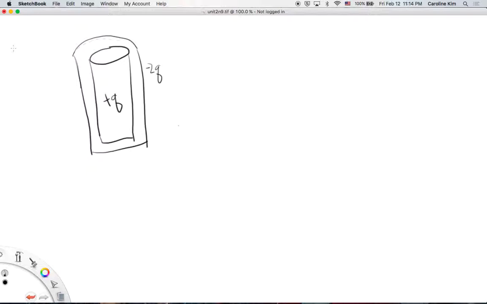Okay, so for part A, we're going to imagine that we're like a point here and the distance is r, and we have to find the electric field.